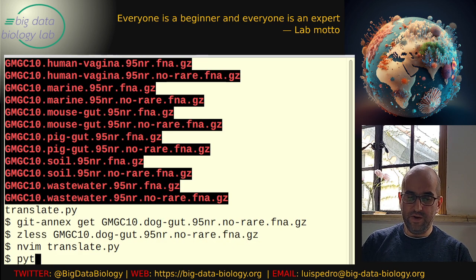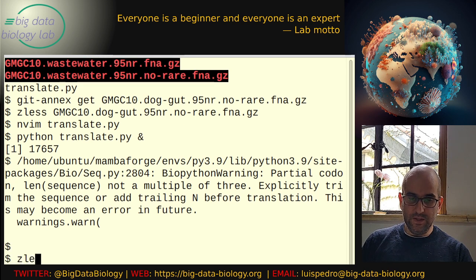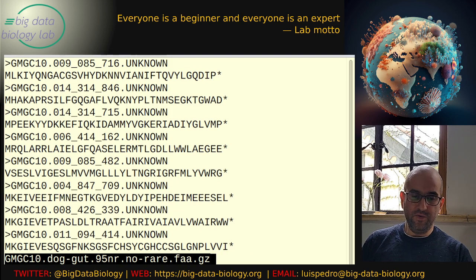If I now run translate, we can see the file is still being generated. But now if I check, yep, here we have the files, the unigene IDs, and now we have amino acid versions, starting with the methionine, that start codon.